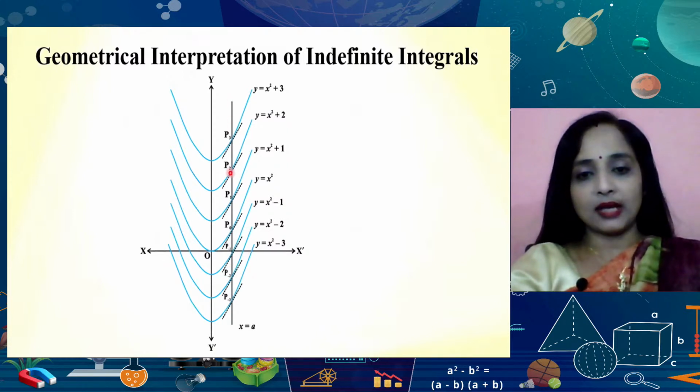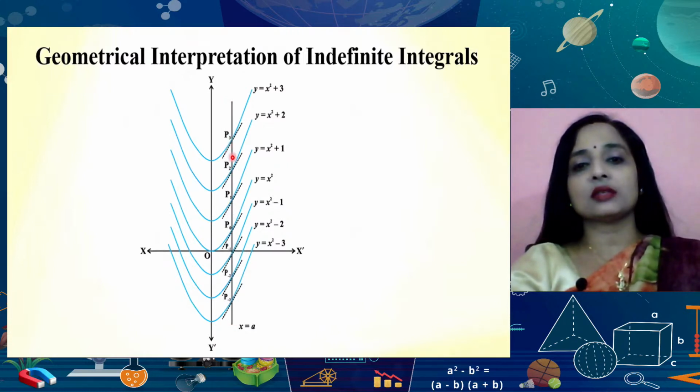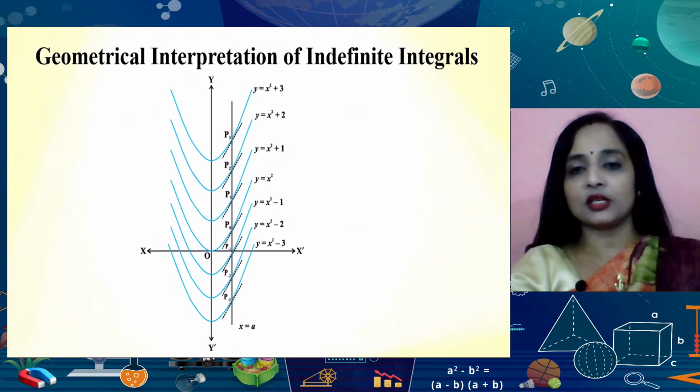Now plot a line over here. This is the vertical line x is equal to a. So you can check its intersection with all these parabolas and make a tangent, which is shown here in the dotted line. You can see these intersection points also have the same relationship.